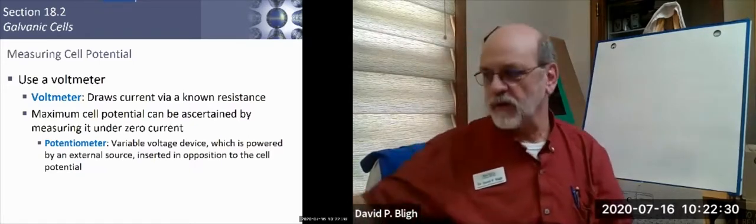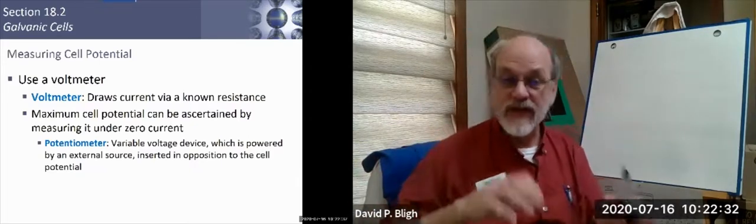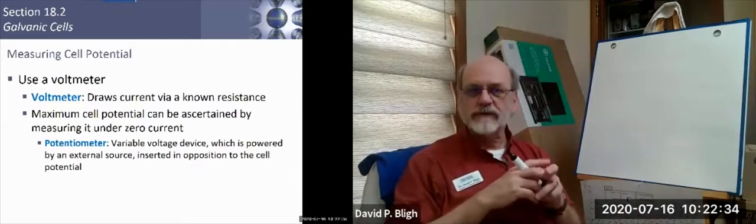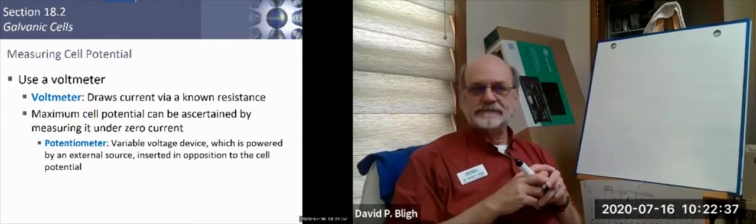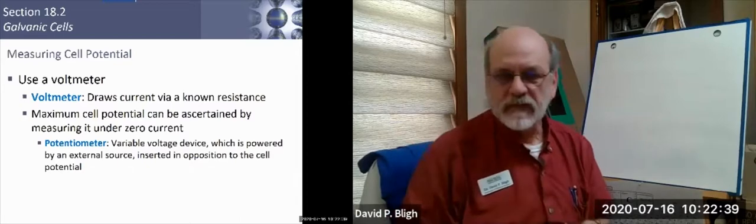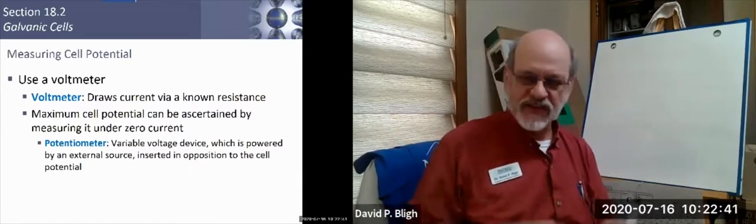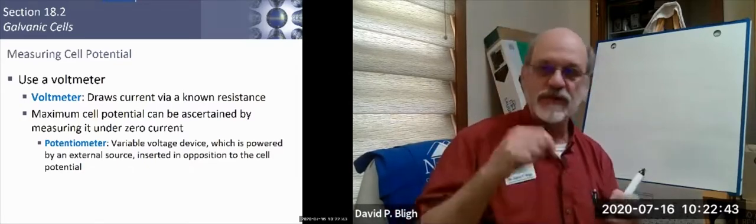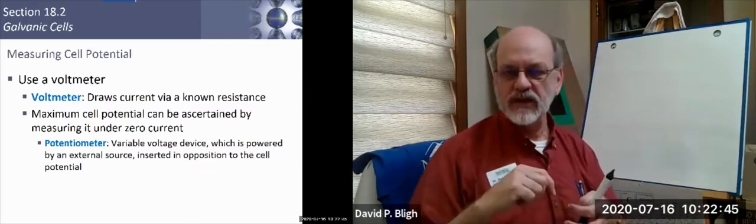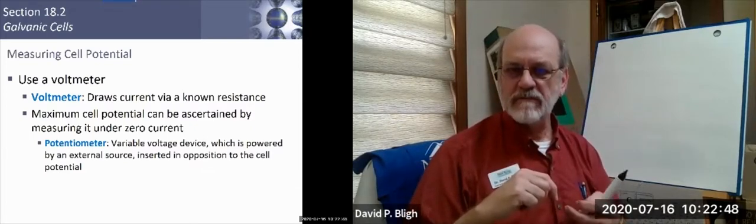And there are two different ways to do that. One is called the voltmeter. The voltmeter has a standard resistance built into its circuits, and it uses the measurement of current.